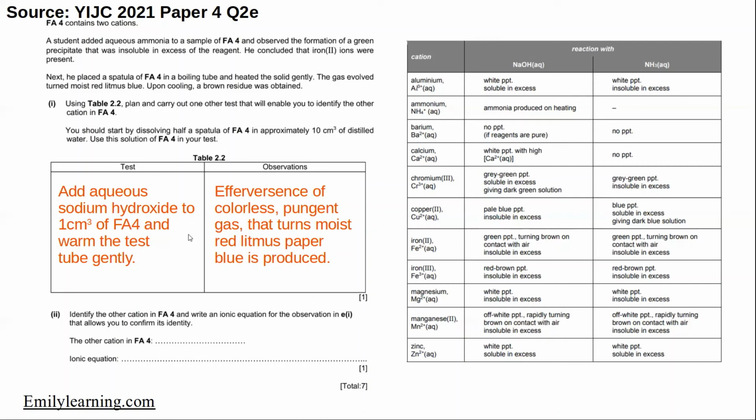So from this, we know that ammonia gas is produced and therefore ammonium is present. The other cation present in FA4 is NH4+. The ionic equation for this reaction is a reaction between NH4+ and OH- from sodium hydroxide to produce NH3 and water. So that is what to write here.